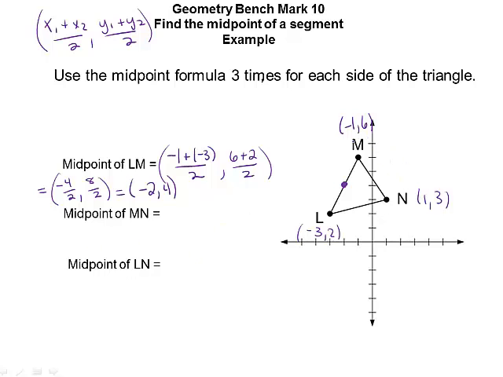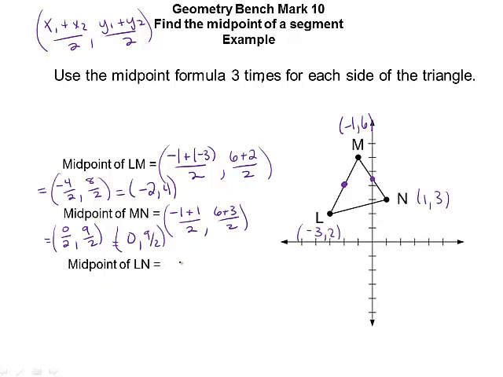Okay, the midpoint of MN, I have negative 1 plus 1 divided by 2, and 6 plus 3 divided by 2, which gives me 0 over 2 and 9 over 2, which is 0 and 9 halves, which is 4 1/2. So if I go 0, 4 1/2, there's my midpoint.